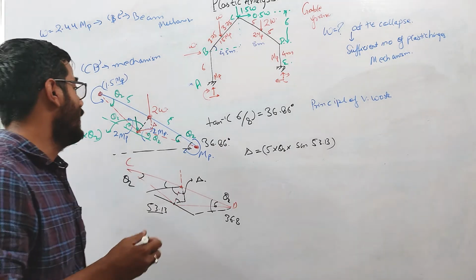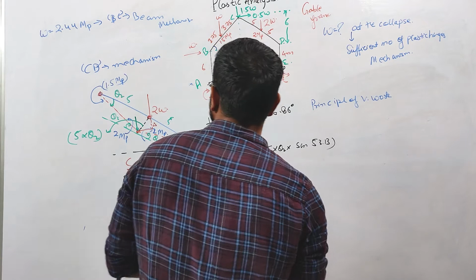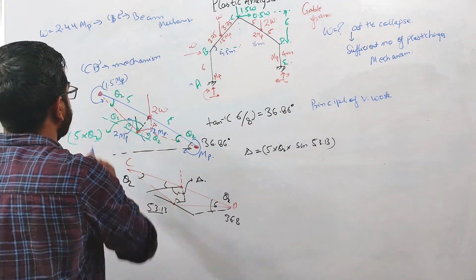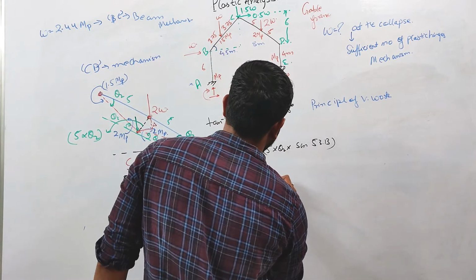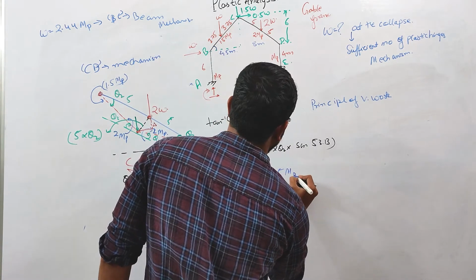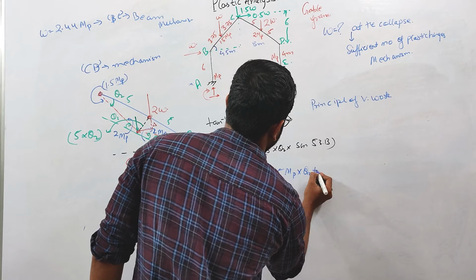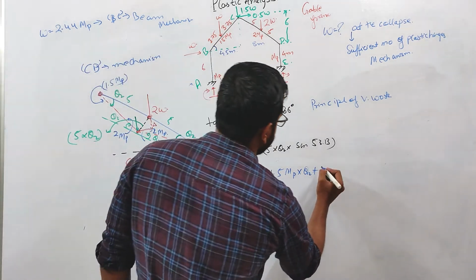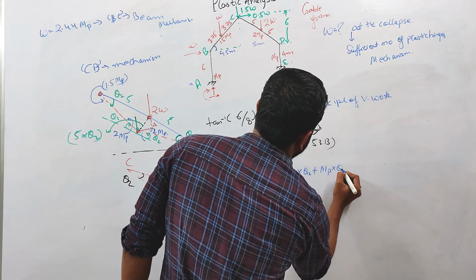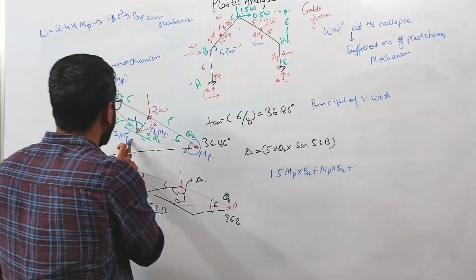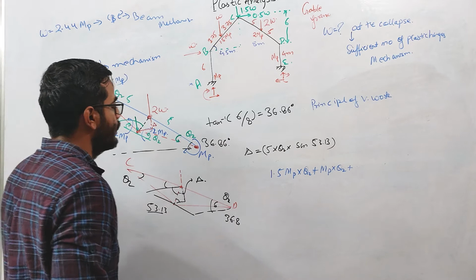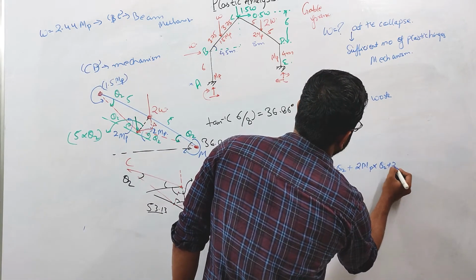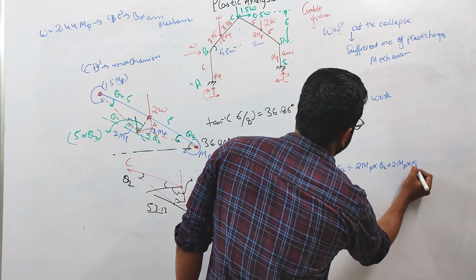So again, if you apply the principle of virtual work, what is the internal virtual work at this hinge? It will be 1.5 MP into theta 2, plus at this location the internal work absorbed will be MP into theta 2, plus at this point the internal work absorbed will be 2 MP into theta 2, plus 2 MP into theta 2, right?